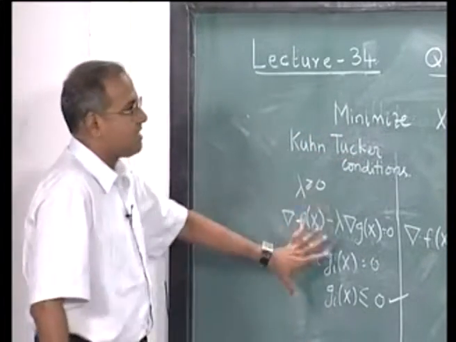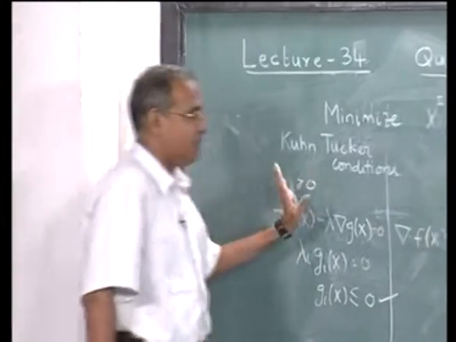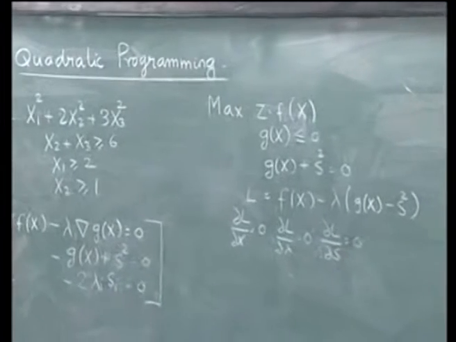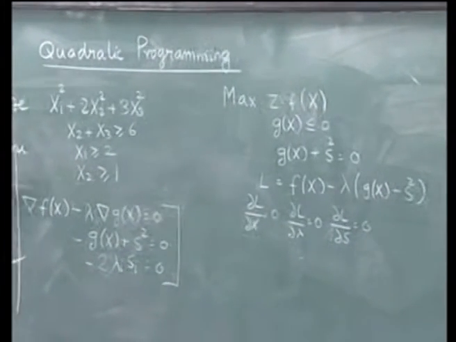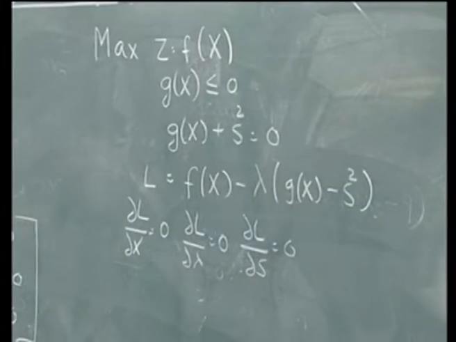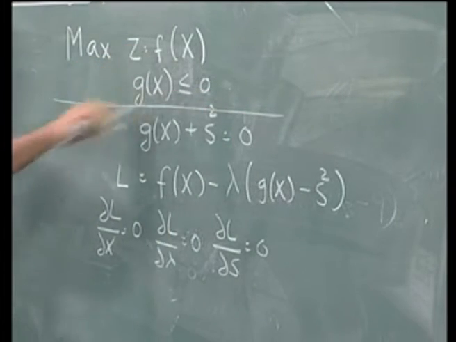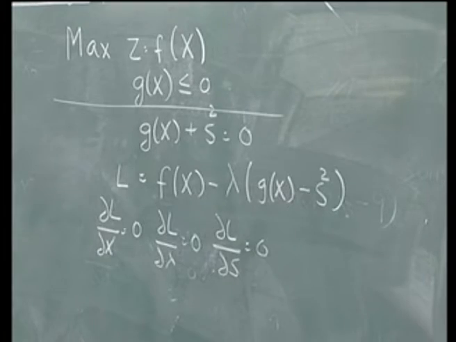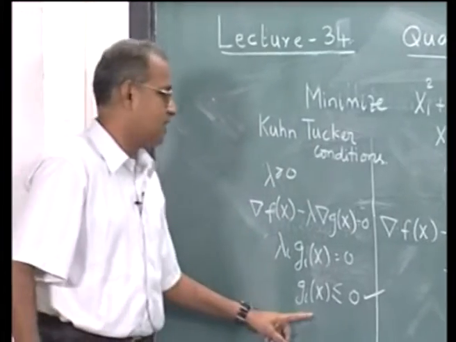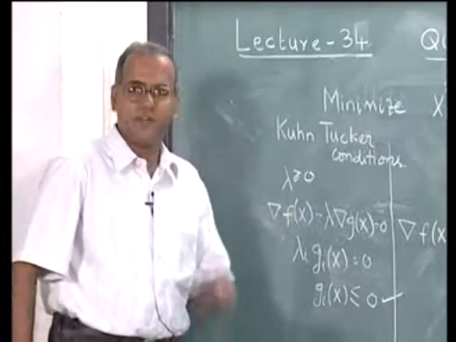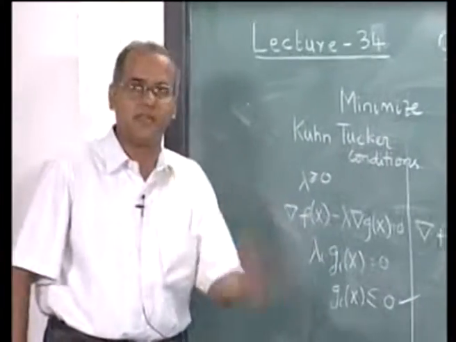The Kuhn-Tucker conditions are the actual conditions that we can generalize, and we need not derive this every time. For every nonlinear problem described in this form, maximize z equal to f of x with g of x less than or equal to 0, we can simply write the Kuhn-Tucker conditions, and depending on the resultant system that we get, we can solve those equations and inequalities.